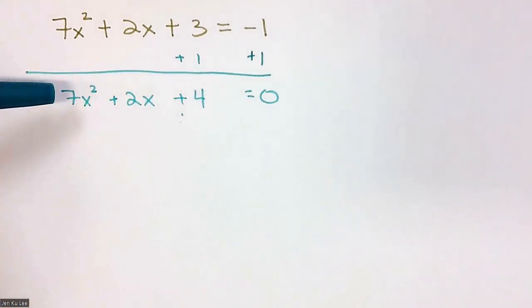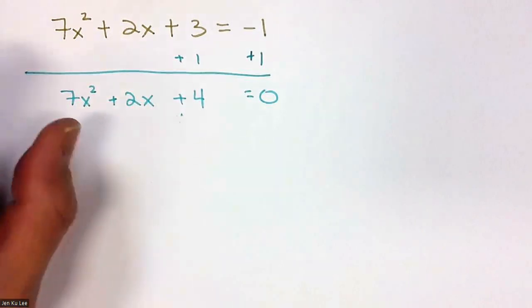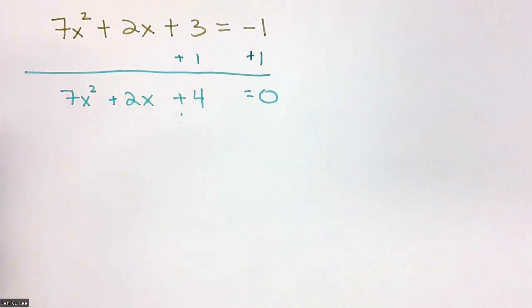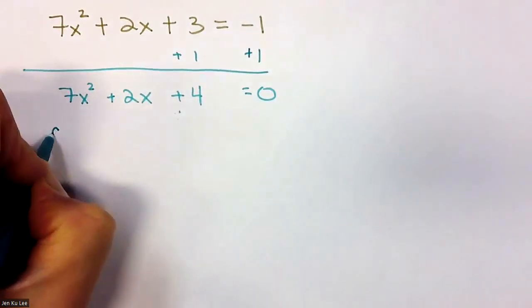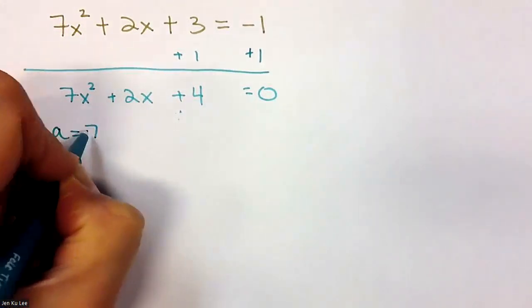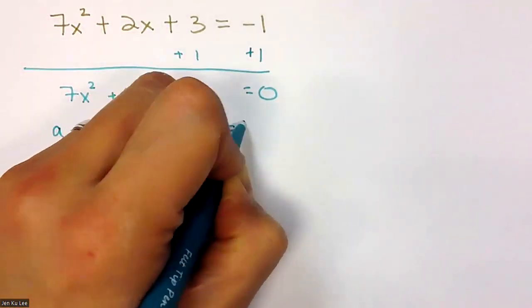Okay? So then you can try and factor. You can try and see if factoring works. It won't in this example. Okay? So I'm going to use my quadratic formula. A equals 7, B equals 2, C equals 4.